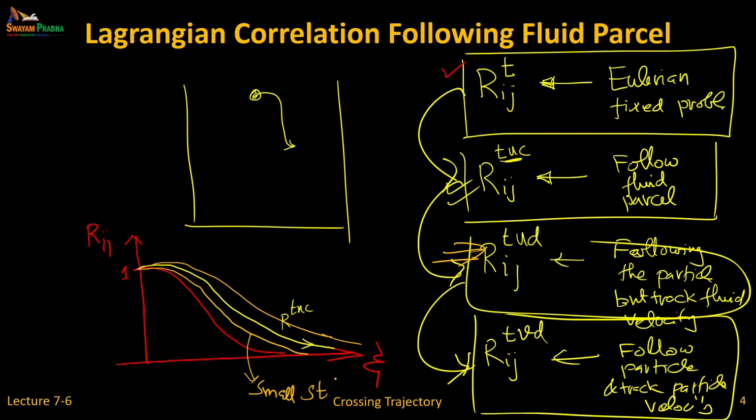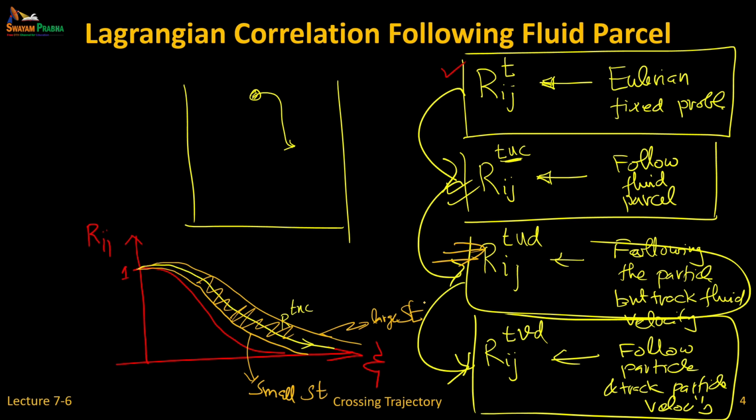So how the orange line will behave depends on the Stokes number. For a small Stokes number, I may go down. For a large Stokes number, I may even remember for a long time. So that's something for you to keep in mind.